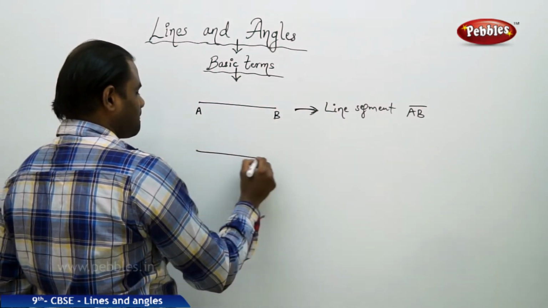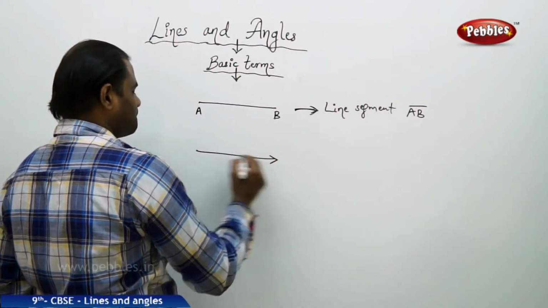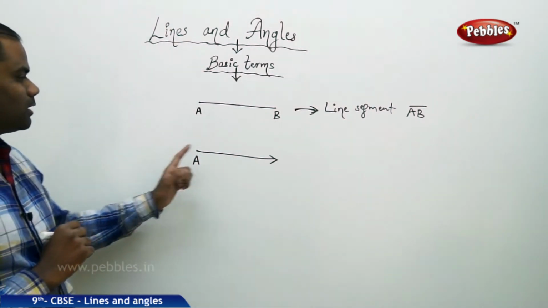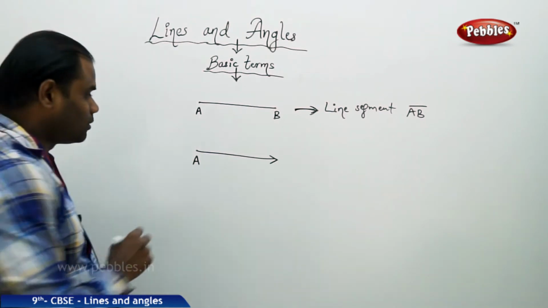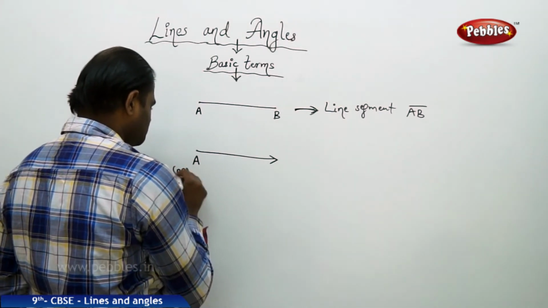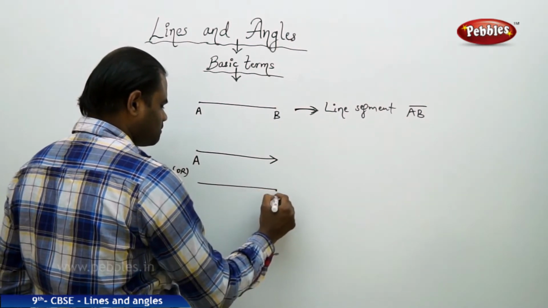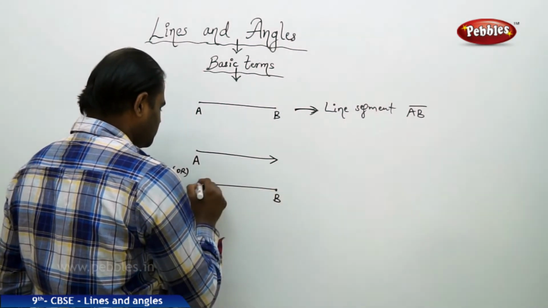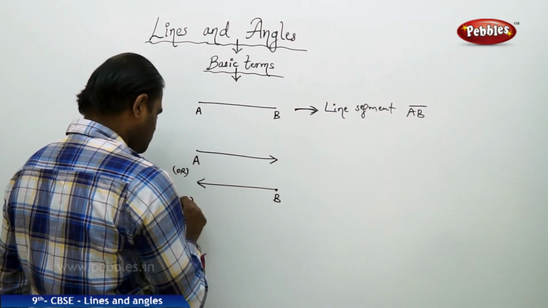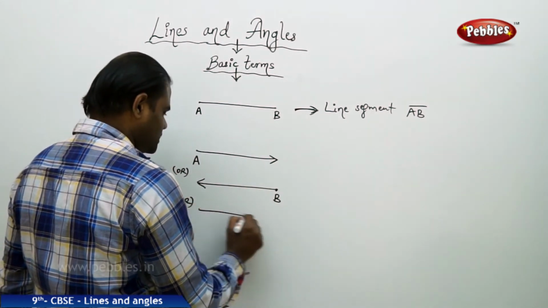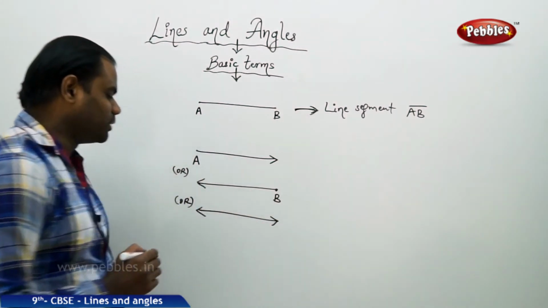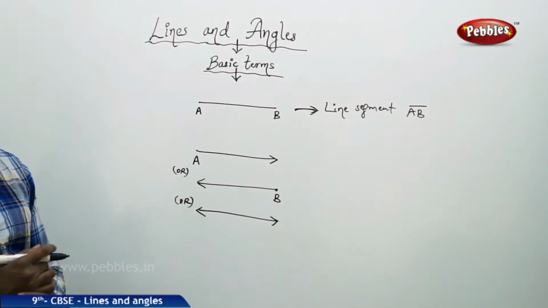Next, say I have a point A, but I don't have the end on the right, or I have point B and I don't have an end on the left, or I have point C, or I have none of the points in between, but it doesn't end on the right and left.